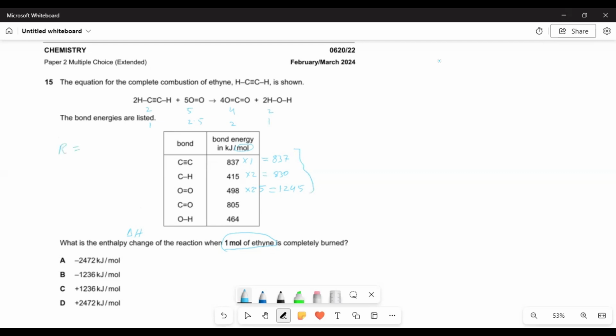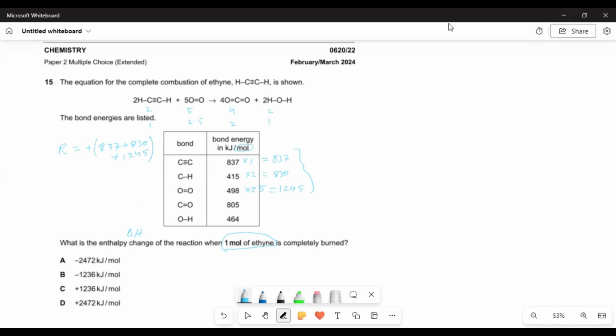So reactant side energy, it would be positive, and we have to add all of these. 837 plus 830 plus 1245.